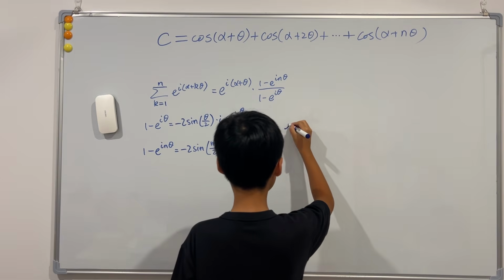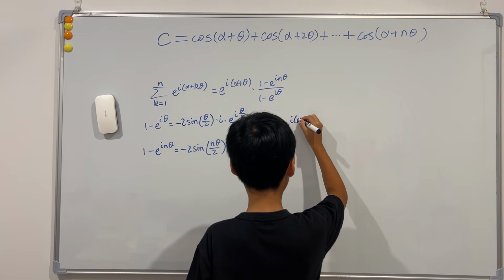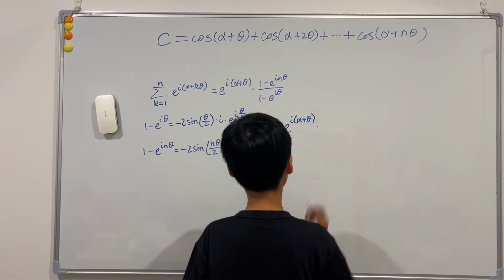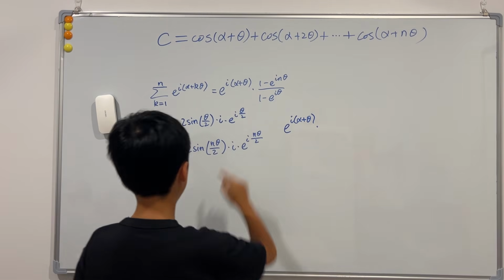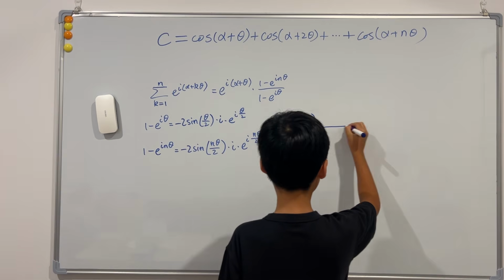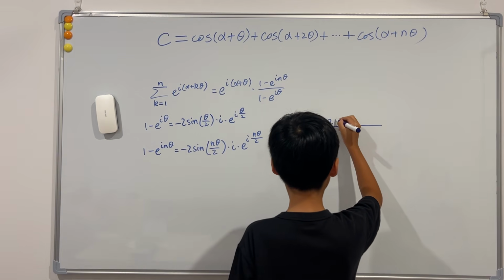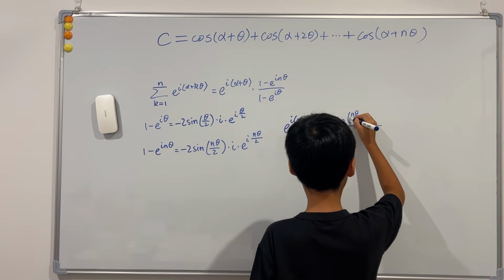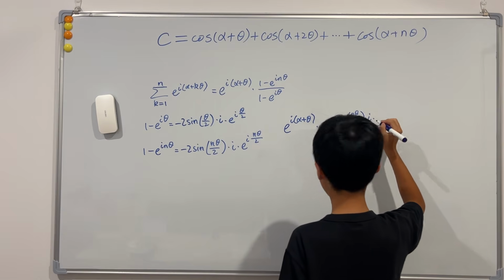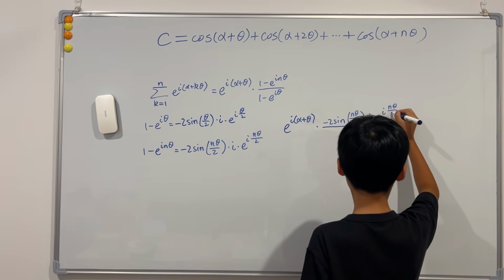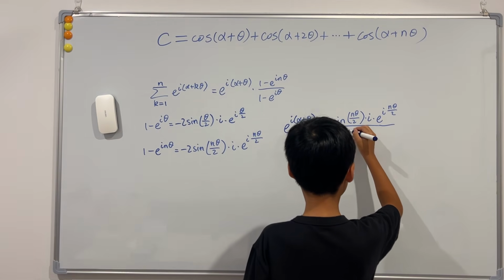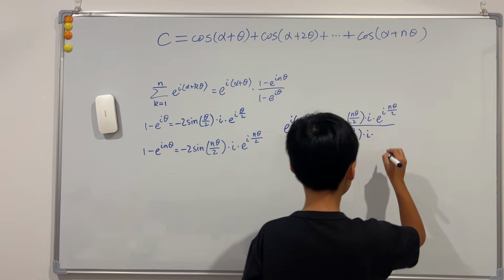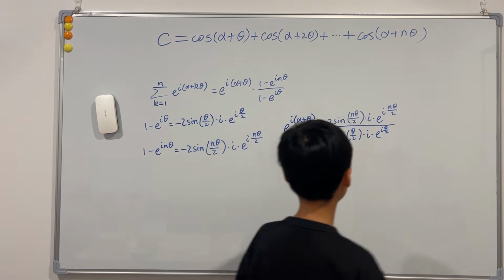So now we keep that intact. It becomes e^(i(α+θ)), and then multiply by this at the top and this at the bottom. So it becomes negative 2 sin(nθ/2) times i times e^(inθ/2), and then the bottom is this one: negative 2 sin(θ/2) times i times e^(iθ/2).